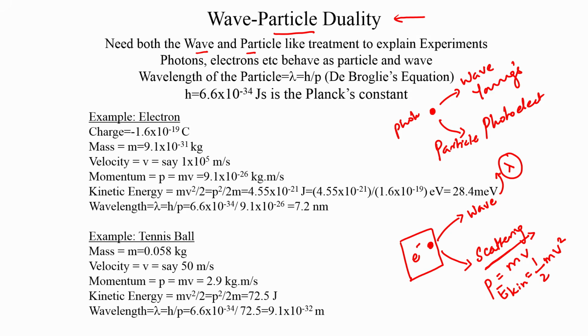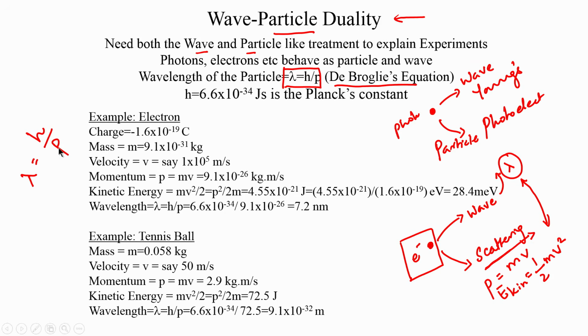And this relation between the wave like nature and particle like nature is defined by the de Broglie's equation. So it is a very essential concept which connects the wavelength of the wave particle to the momentum of the wave particle.